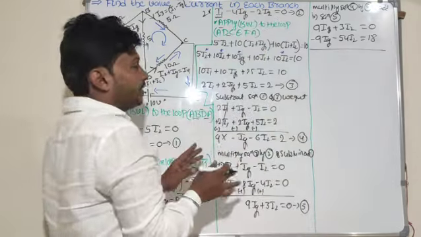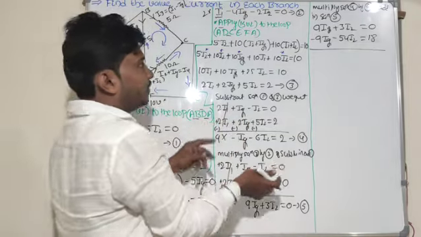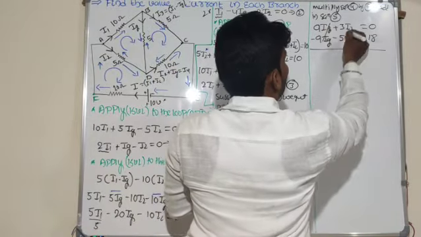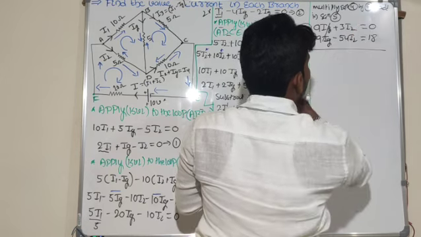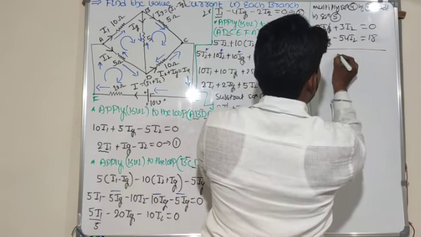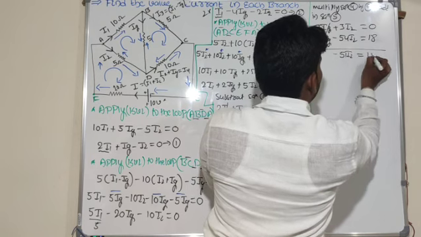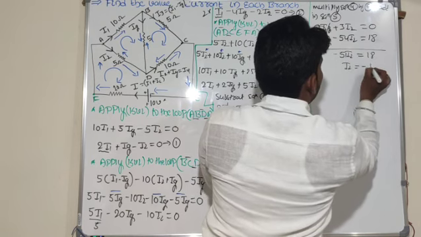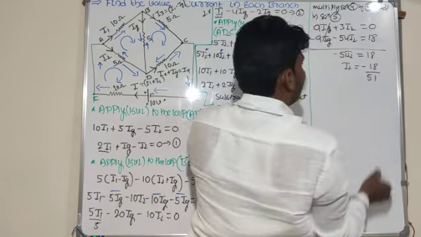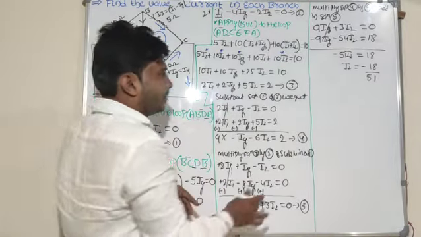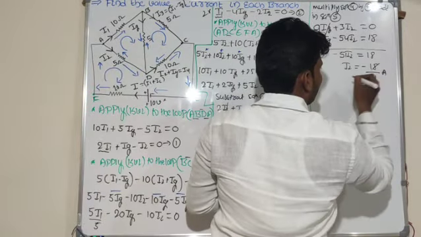I'm adding these two equations. Before I made a subtraction, now I will make an addition here. Okay, minus 54 plus 3, minus 51I2, it is equal to 18. I2 is equal to minus 18 divided by 51 ampere, or I can still simplify it here.